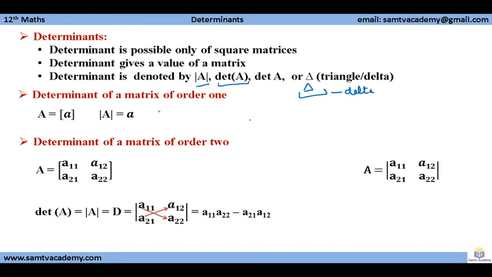Now as we know, a determinant is possible only for a square matrix, and it is a method to solve a matrix which gives a single value.